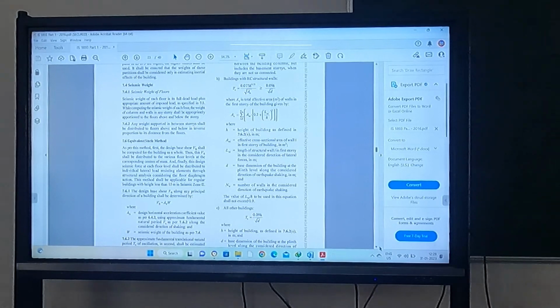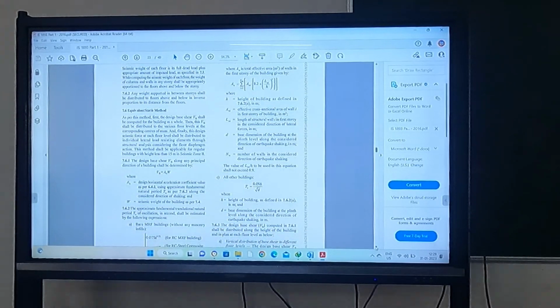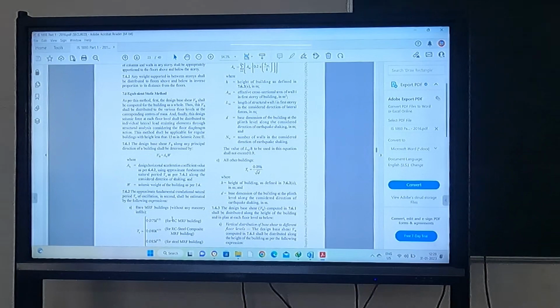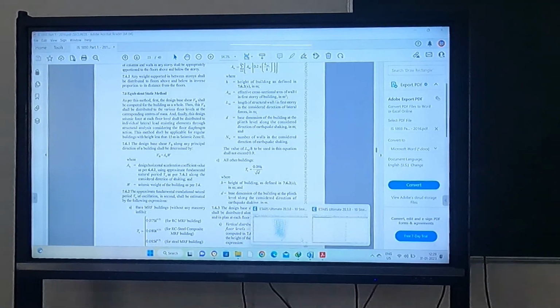Now you apply this formula and determine the period for this building. 10-story building, story height is 3 meters. So that h is the total height. In this case what will be the total height of the building we have?